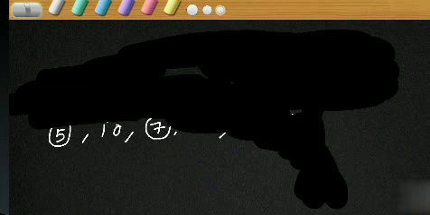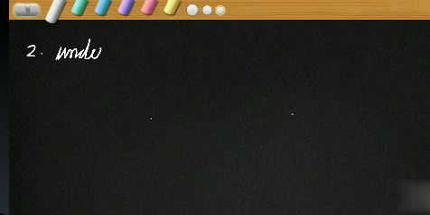Question number 2. Underline the composite numbers.